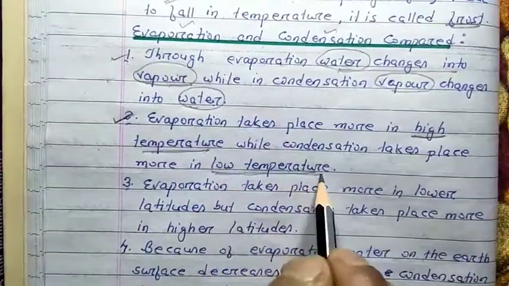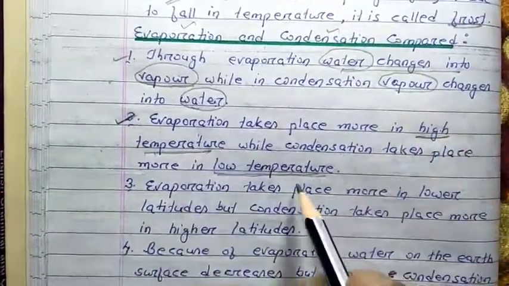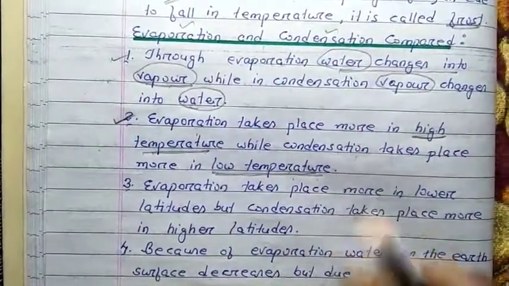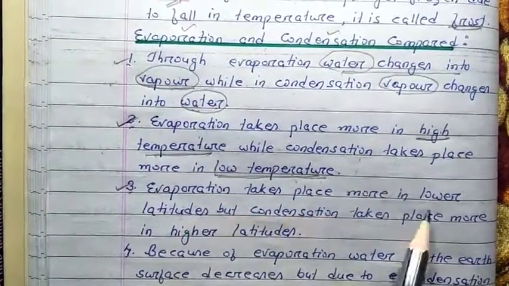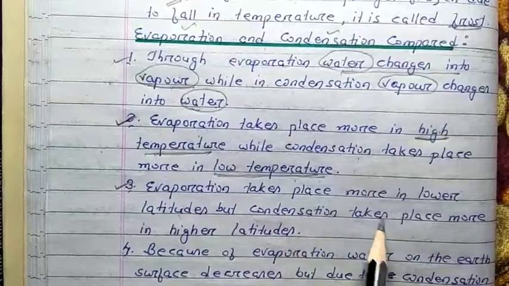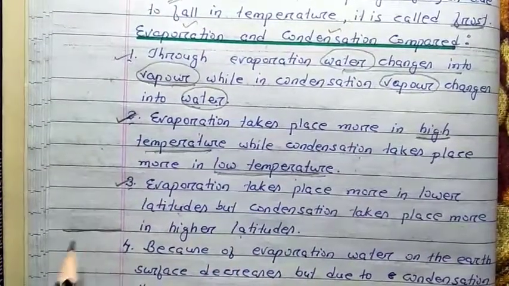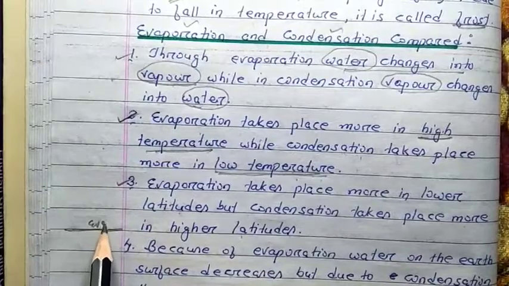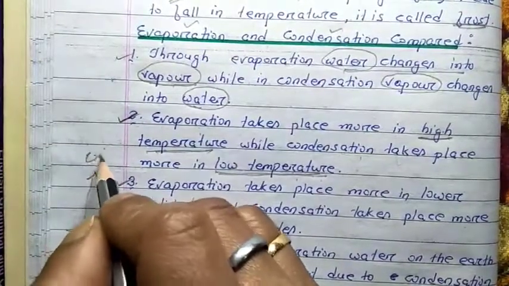You can see it is closely related to temperature. Temperature is high, evaporation is high; temperature is low, condensation is high. Third difference is here, evaporation takes place more in lower latitudes, but condensation takes place more in higher latitudes. If this is the Earth's surface, evaporation takes place in the lower portion or lower latitude, but condensation takes place in the upper latitudes.